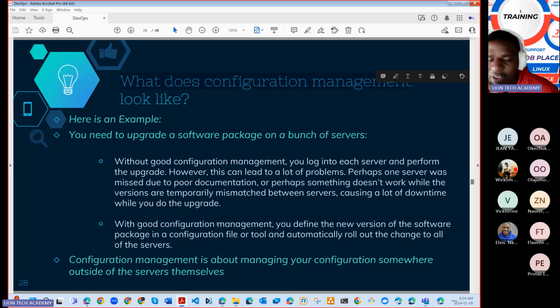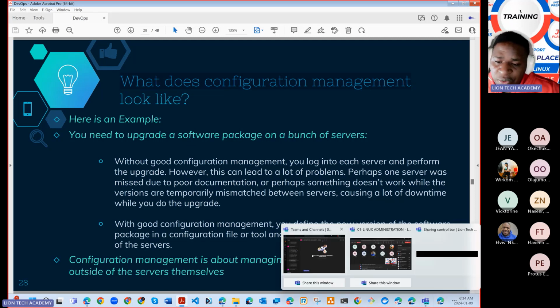So with config management, you are going to study two aspects. The first aspect is the application. The second aspect is the infrastructure that hosts the application. That's why we start this program with Linux.